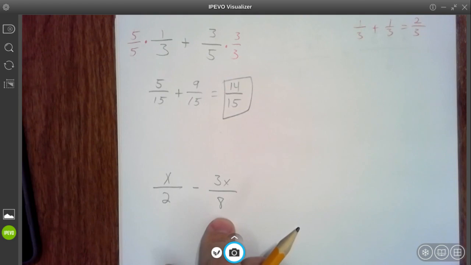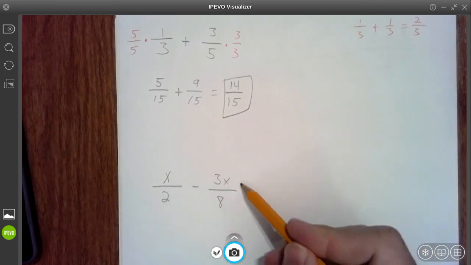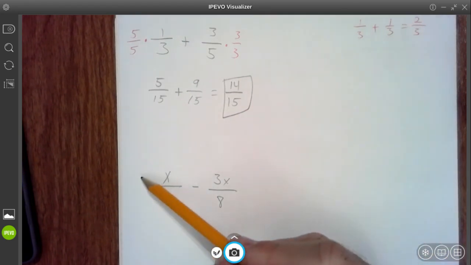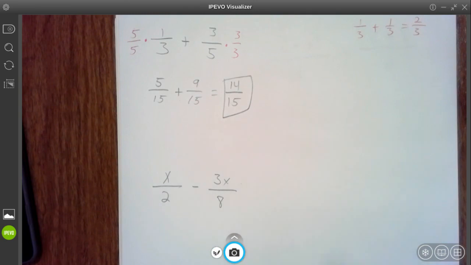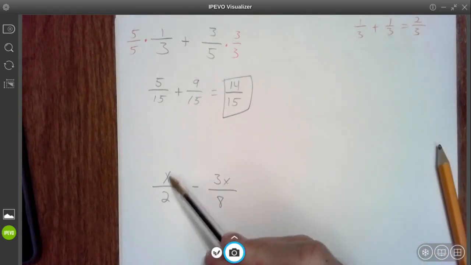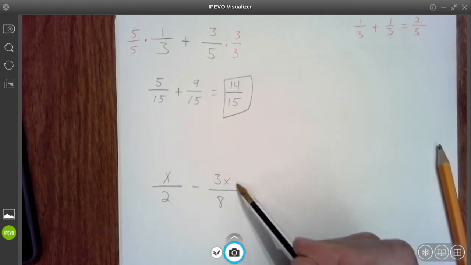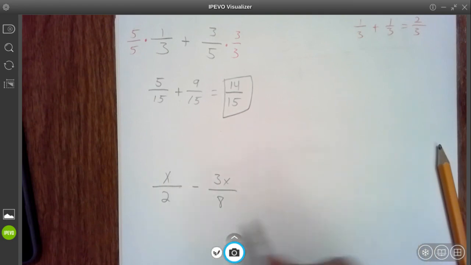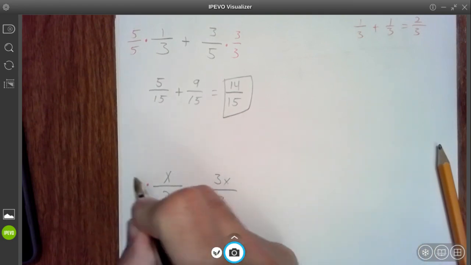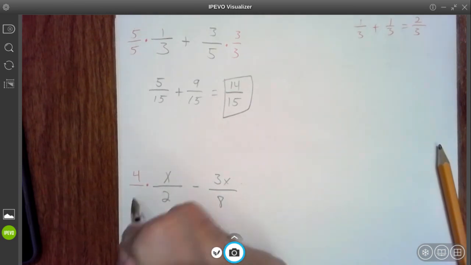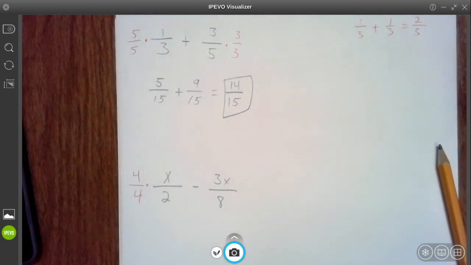All right, on this one, the common denominator for 2 and 8 is going to be 8 itself. Now, I could make the denominator 16 if I multiply top and bottom by 2 and multiply top and bottom by 8. But sometimes you can get away with just scaling up one of the fractions. Okay, I'm going to leave this one untouched. I'm just going to multiply top and bottom here by 4 over 4.